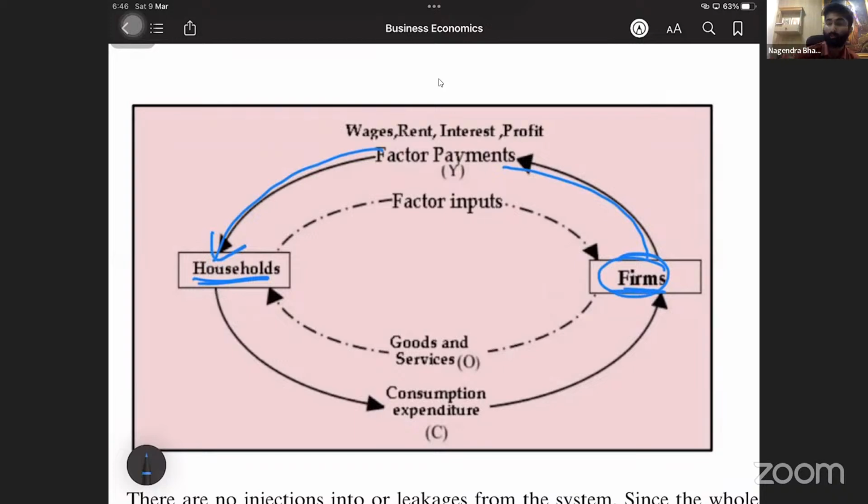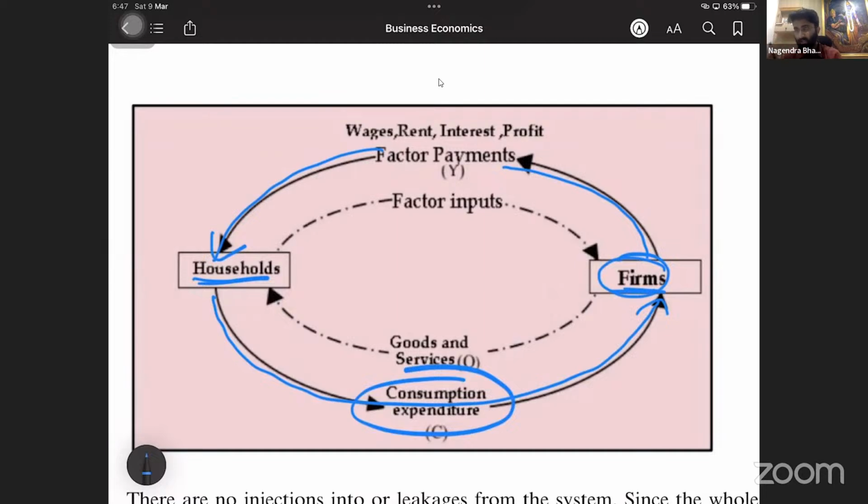They consume it. For that consumption, they will pay the amount, they will pay the money. This is their consumption expenditure. This is one circle.